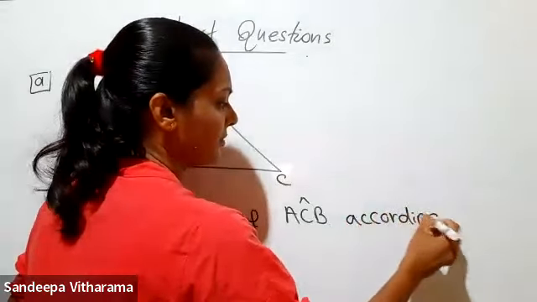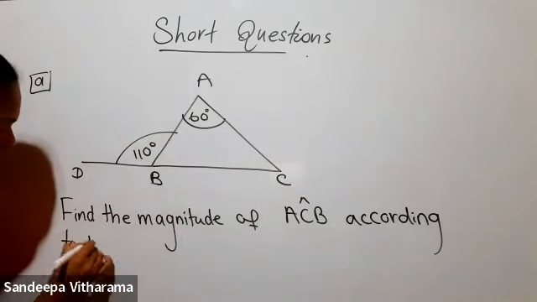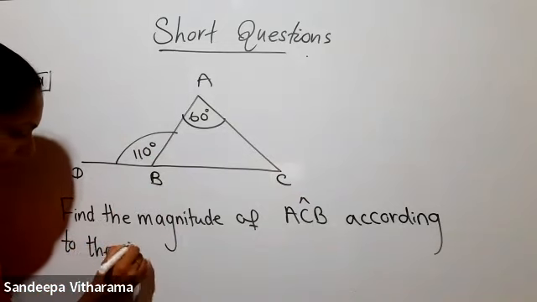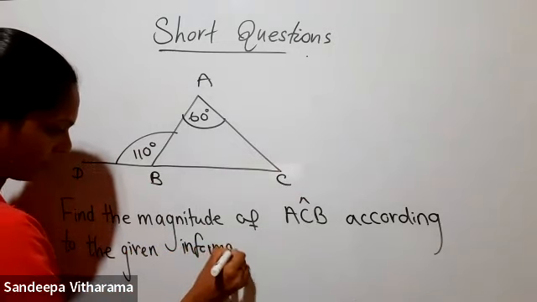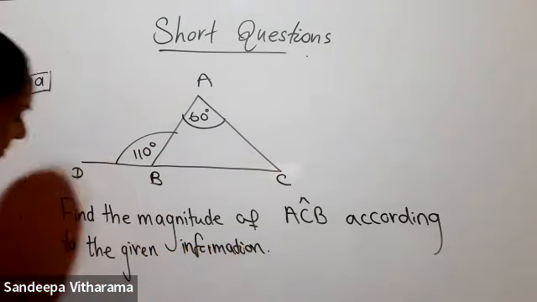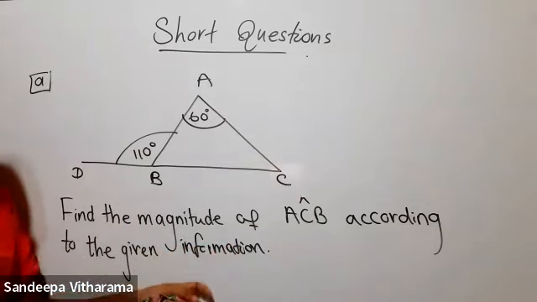You have to find, first of all, draw this one. Find the magnitude of the ACB according to the given information. Okay, let's see.